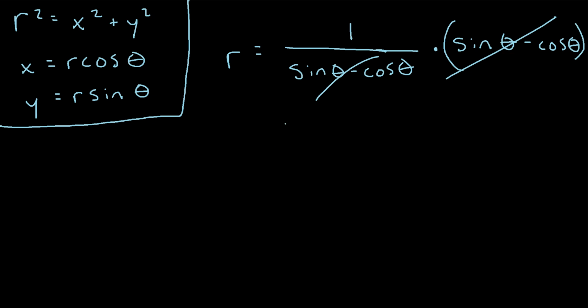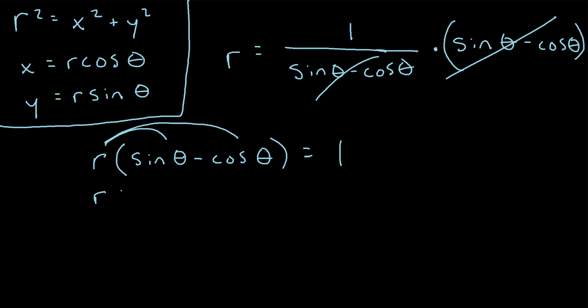So on the right-hand side, we'll just be left with 1. And on the left-hand side, we'll have r times the sine of theta minus the cosine of theta, equal to 1. So now if we distribute this r into these parentheses, we have r times the sine of theta minus r times the cosine of theta is equal to 1.